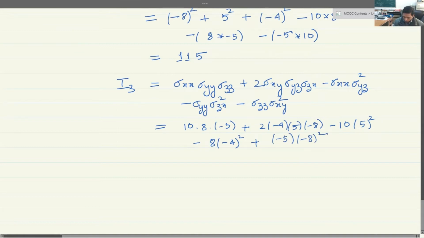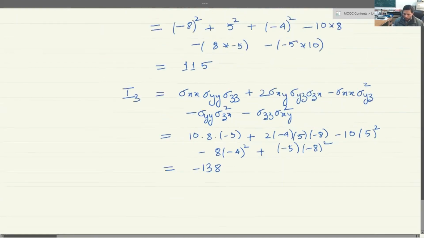And when you solve it, you would see that this comes out to -138.